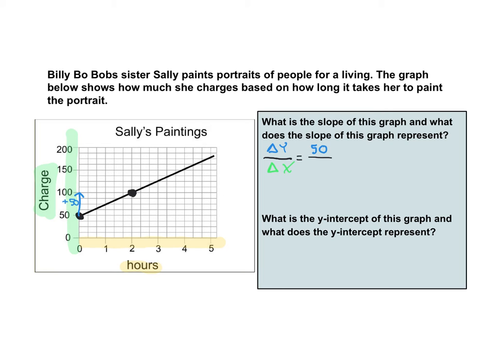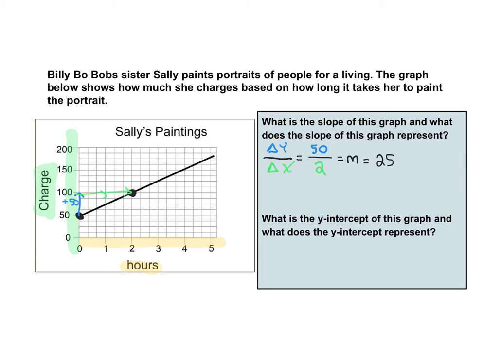And then my change in x, I move over 1 unit and 2 units. And each of those represents 1 hour. So if I move 2 units, that is 2 hours. So my change in x is 2, which means that my slope, which we write as m, is going to equal 25.